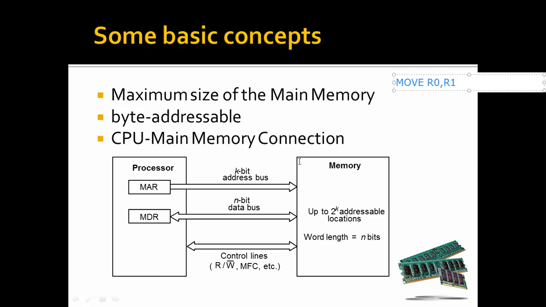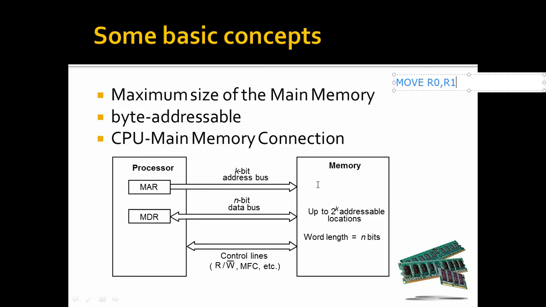Here, with this memory address register, suppose the bus is used. What is meant by bus? It has a group of lines, and each line carries one bit of information. The bus is a communication path between two devices.